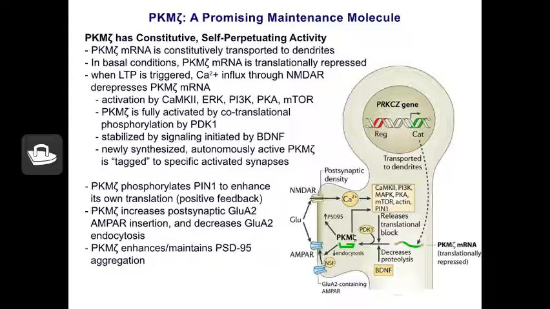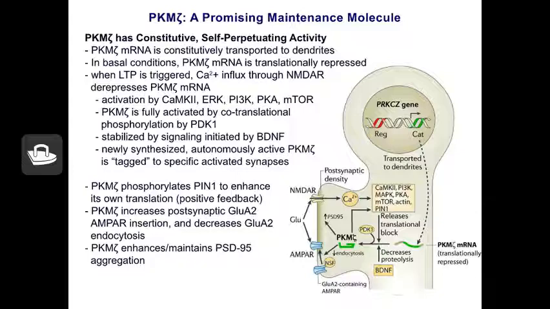You can see how this cycle would just go on and on as long as the messenger RNA is being supplied at a constitutive level from the genomic mechanisms and transported out to the dendrites. It's available at spines that have once been activated to keep going and going.